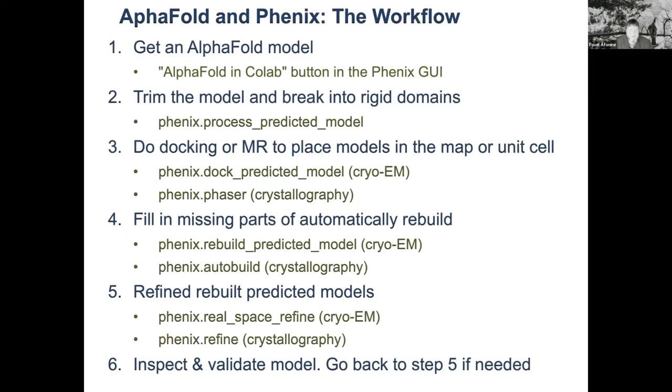As I mentioned earlier, 2 tools are available in Phenix: real space refine, that's for cryo-EM, but you can use any map, and Phenix refine for crystallography. In the 5th step, you get your refined model. Of course, it's not going to be perfect just for the first round, so usual practices apply here: you inspect and validate, and you go back to step 5 if needed to hand tune your structure. But this is an overview of the general steps when it comes to using AlphaFold within the Phenix context.